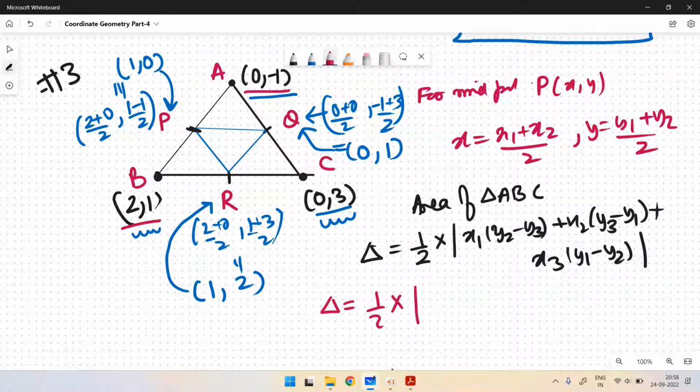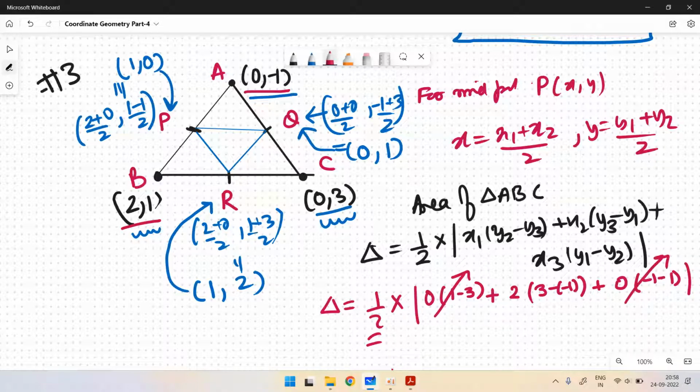Here x1 is 0, y2 minus y3 is 1 minus 3, plus x2 is 2 into y3 minus y1, which is 3 minus of minus 1, and x3 is 0 into y1 minus y2. So 0 into anything is 0. Nothing but 3 minus of minus 1 is 3 plus 1.